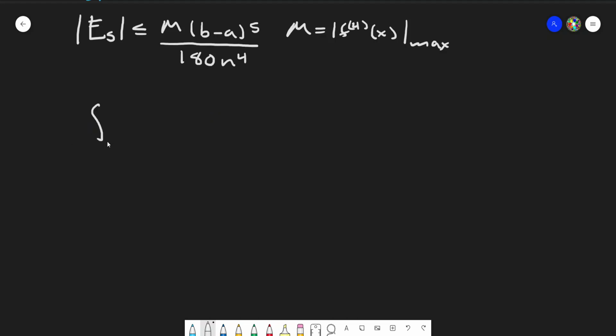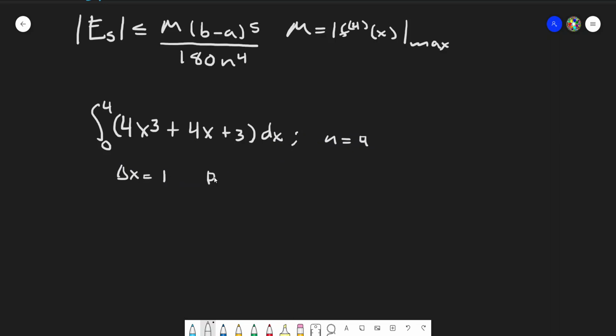We're integrating from 0 to 4, 4x cubed plus 4x plus 3 dx. Here, we're going to use n equal to 4, which means that delta x is equal to 1, meaning that we have a partition that starts with 0.